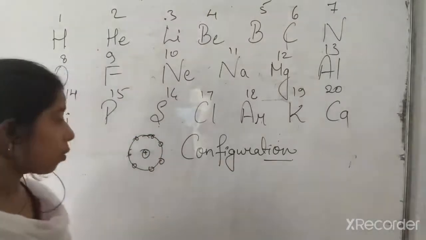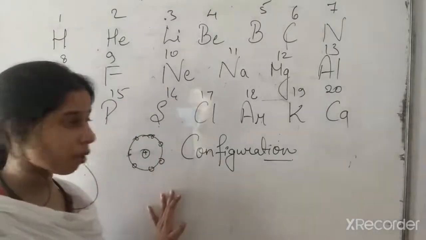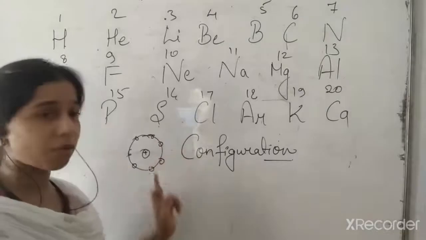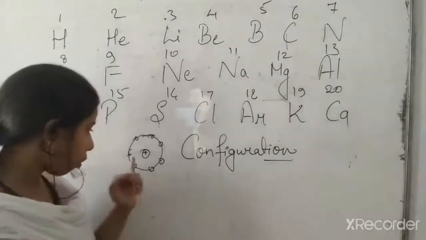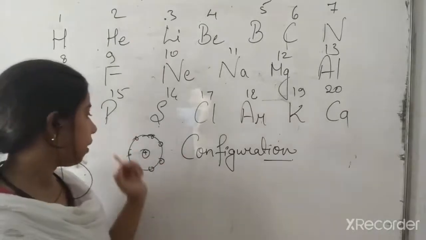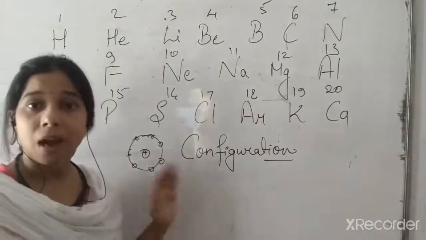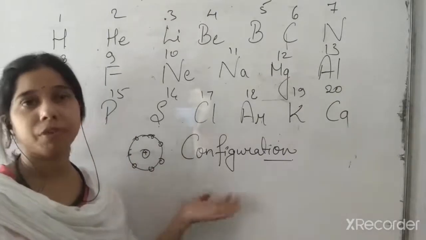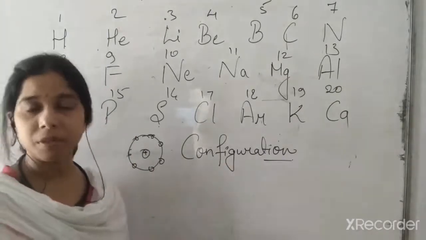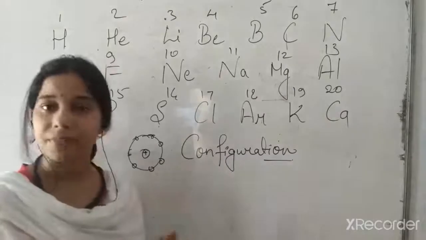Student, if they are present in the outermost shell of the atom, it means the electrons are revolving around the atom. The proton is present at the center and electrons revolve around it. How they were discovered and how they are arranged like that, we will discuss in the next chapter. Now our focus is only to find the valency.